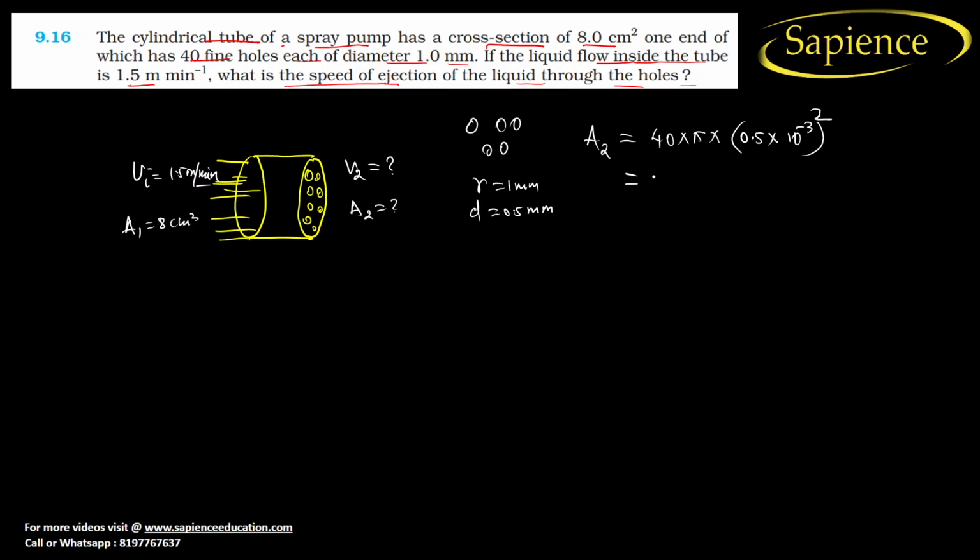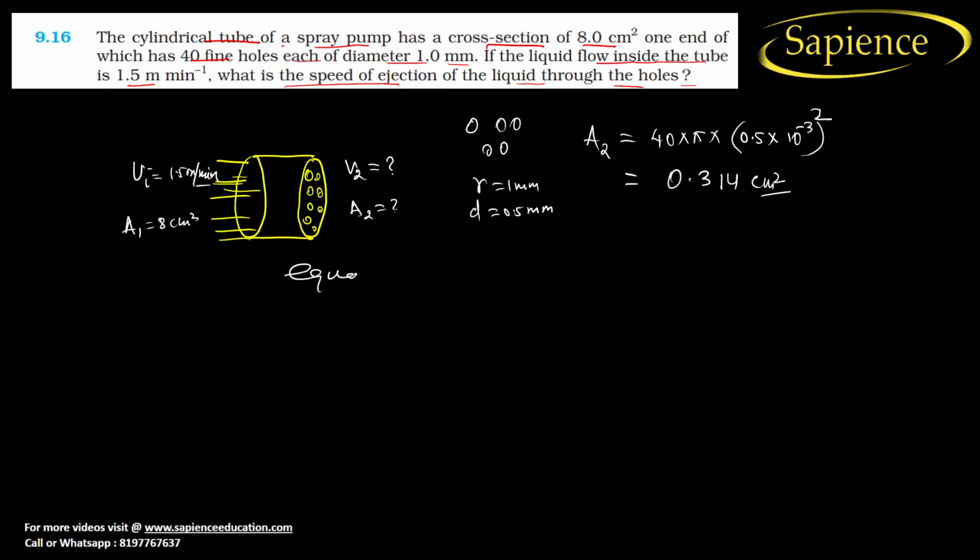When we calculate this, we get the value of A2 as 0.314 cm². So we have got the area.